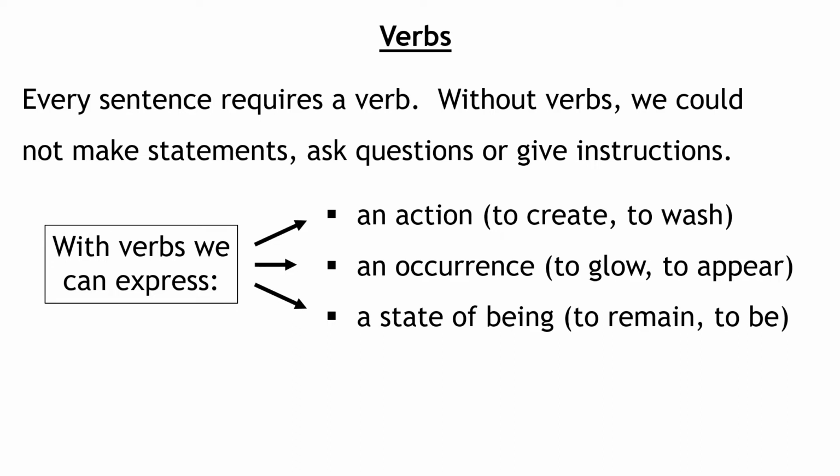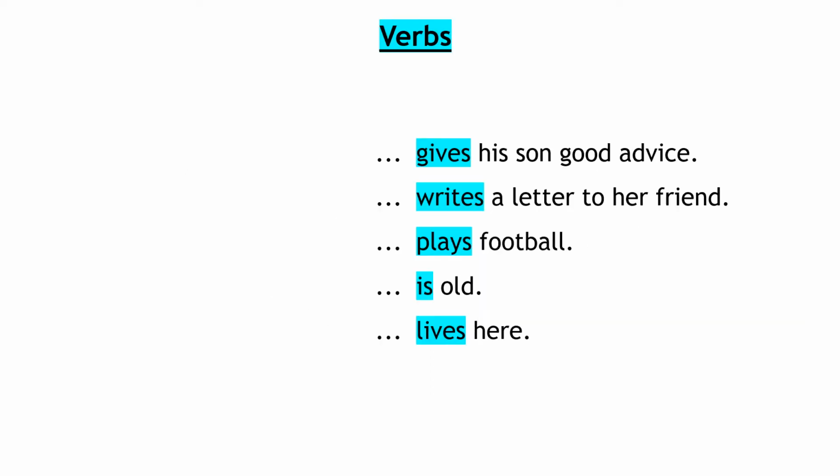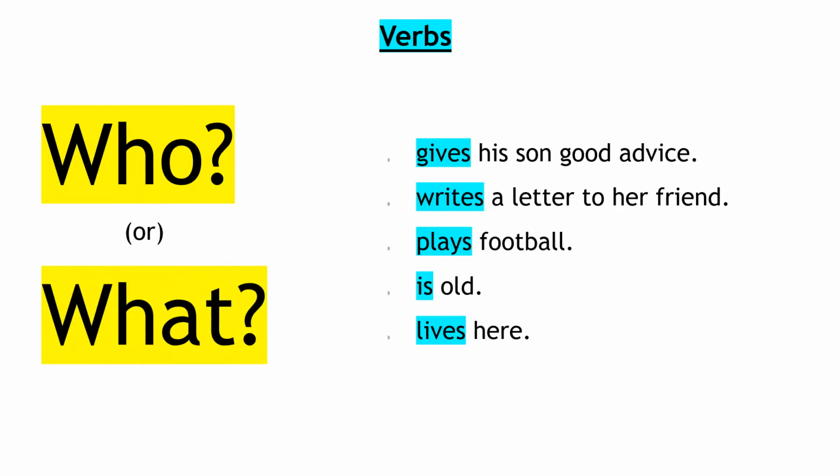Now, on this next screen, you can see that we have 5 verbs listed, highlighted for you in blue: gives, writes, plays, is, and lives. But on each line you can see that there is something missing. In order for these lines to make complete sense, what we need to do is provide a subject for each verb.